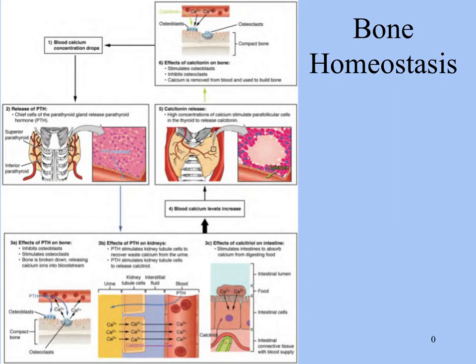Now, one of the triggers for bone homeostasis, or more accurately, the increase in activity of osteoclasts, is, let's say, your blood calcium concentration falls. The biggest source of calcium in your body is your bones. So what will happen is the blood calcium will signal the parathyroid glands to release parathyroid hormone.